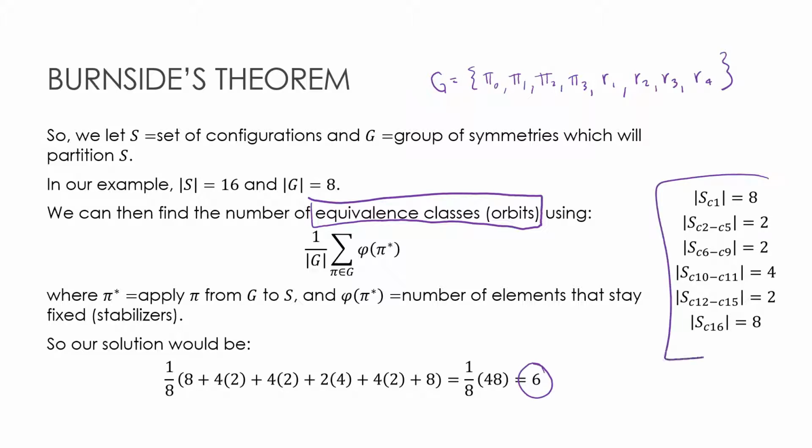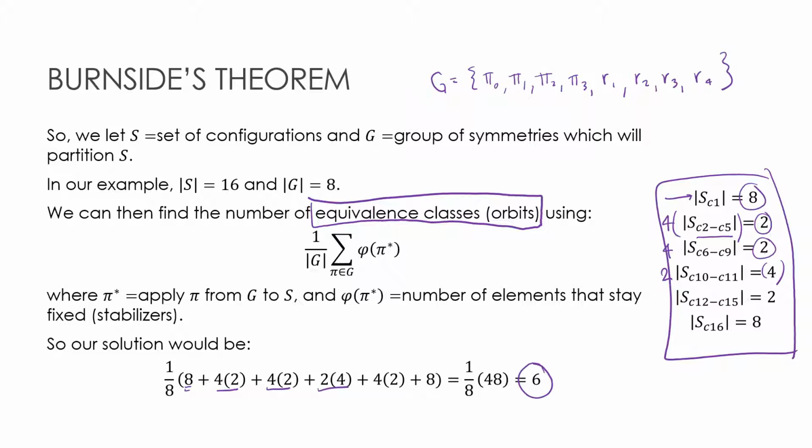So if you'll notice, I've just recopied them here. In S1 we had 8, all 8 of them stayed fixed. 2 through 5, which there were 4 of those, had 2 elements that stayed fixed, so notice I just took 4 times 2. 6 through 9, remember they were all in the same equivalence class, and we had 2 elements that kept everything fixed, so again 4 times 2. 10 and 11, there's 2 of those, so 2 times 4.